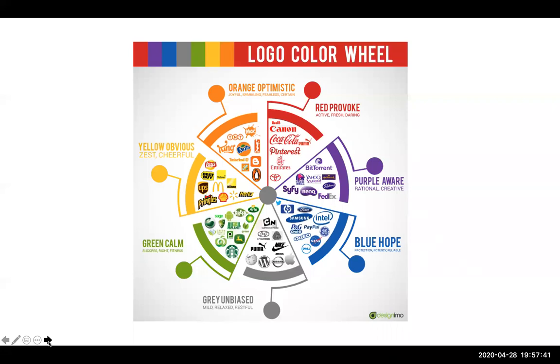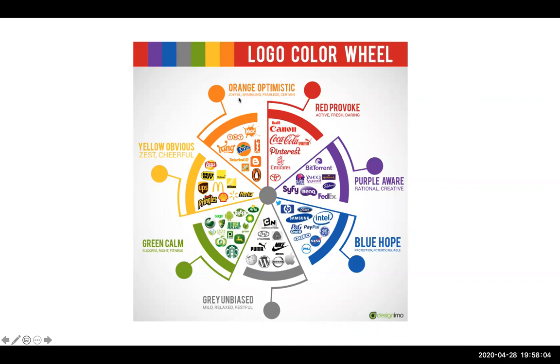You guys, I know you've taken color theory by now, so you're familiar with the color wheel. And we really want to spend some time this week thinking about what those colors actually mean. And you break it down and you can see, up here we have orange. And orange is typically a really optimistic color.